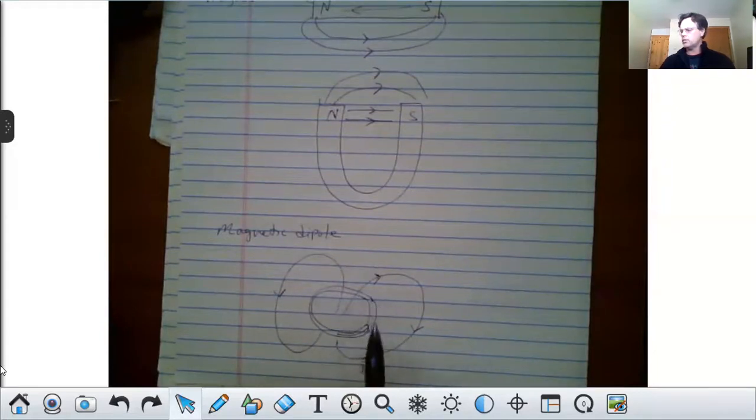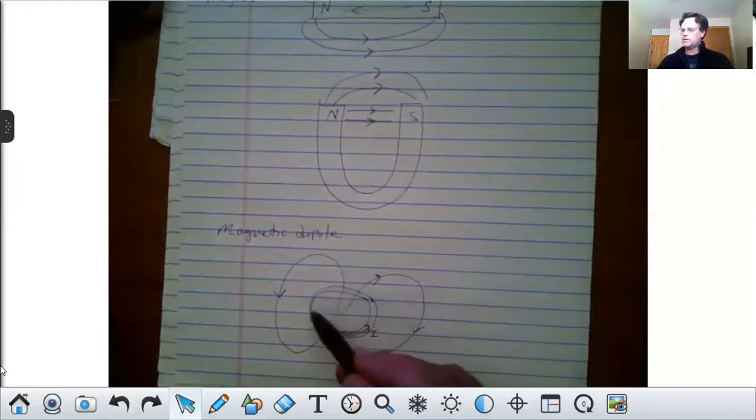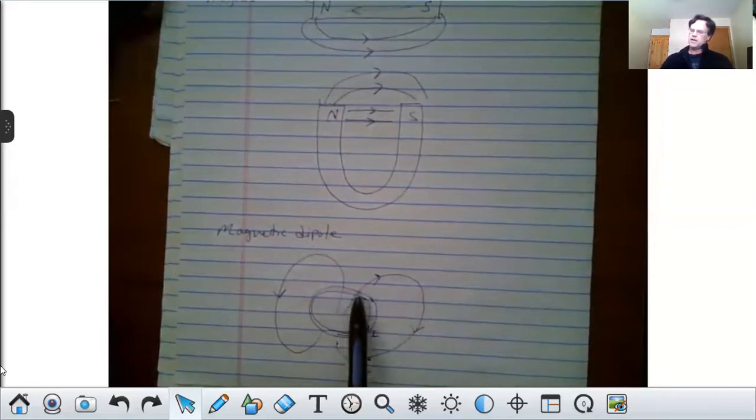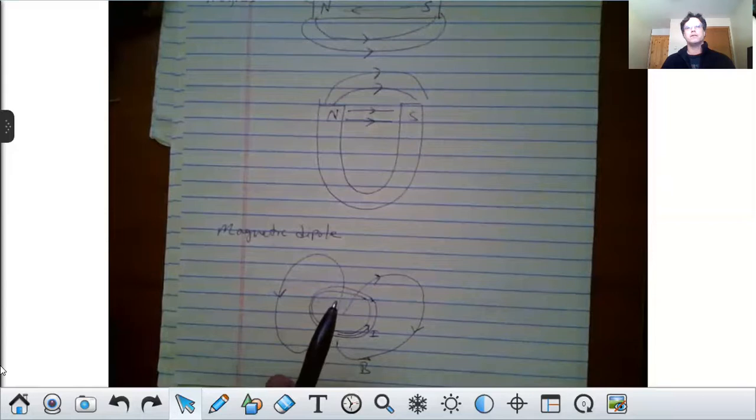The magnetic dipole is just a current loop. So it's maybe a circle of wire with a current in it. And then the magnetic field comes out and curves around. And one thing you'll notice in all these cases, the magnetic field eventually has to form circles. It circles around and comes back in over here.